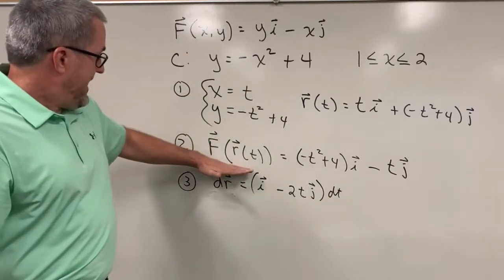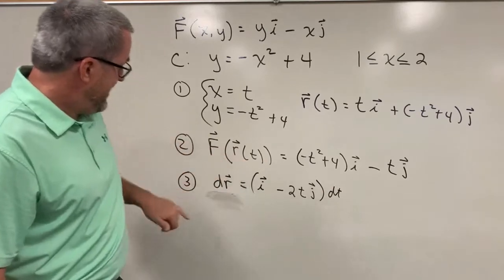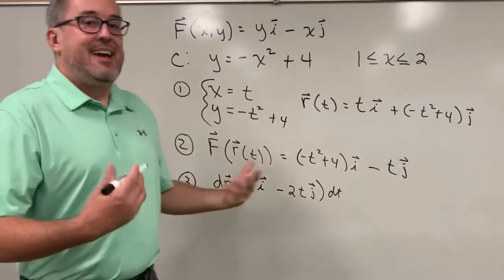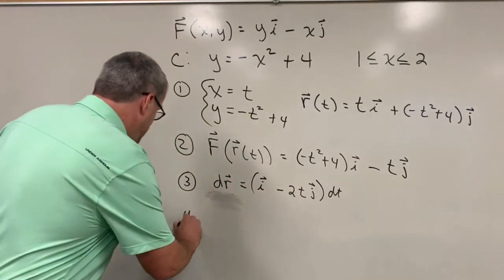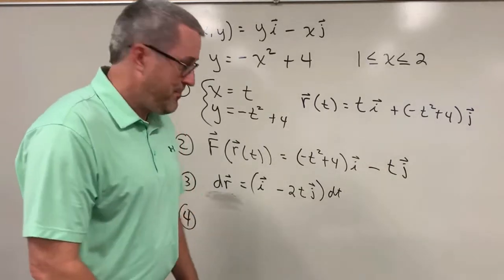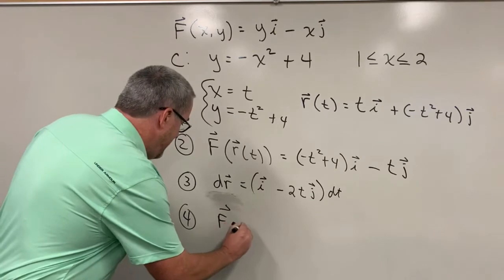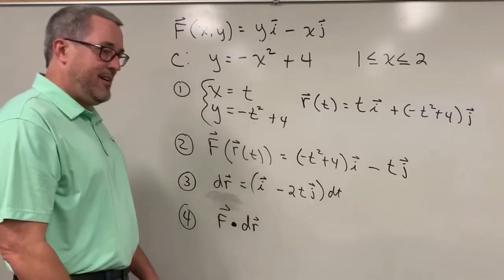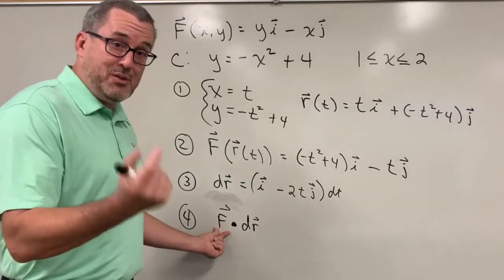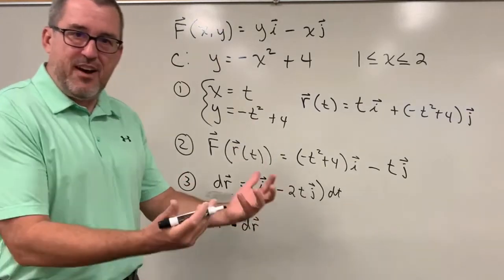So now, we've got f at r of t, we've got dr, and we finally can get to the dot product between them. So we're going to take f, and we're going to dot it with dr. Now remember, in this notation, we only say f because we get a little simplified in our writing here.